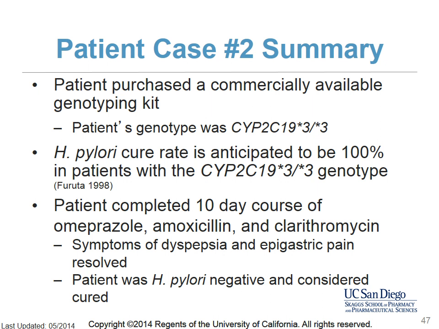This case provides an example of a polymorphism which impacts drug pharmacokinetics and pharmacodynamics and is associated with efficacy. The patient was H. pylori negative and considered cured. In summary, this case provides an example of a polymorphism impacting drug efficacy.